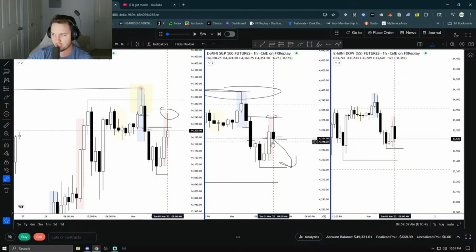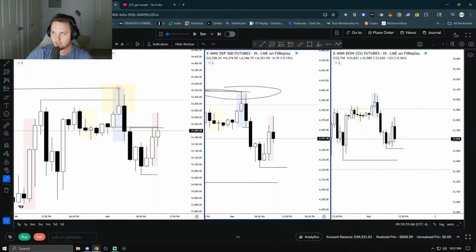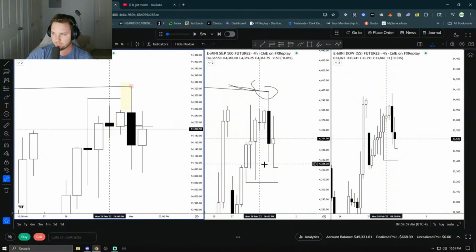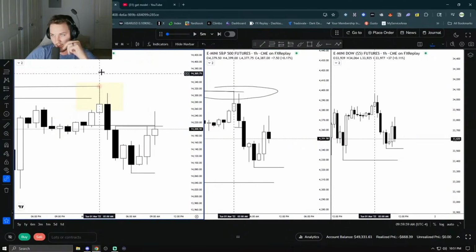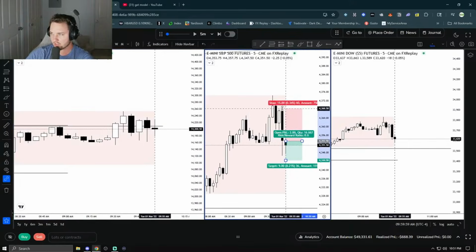I want to short ES. It's weaker. Bearish close, bullish close. Everything here makes sense for expansion lower. I would take this. So here we have our CISD.